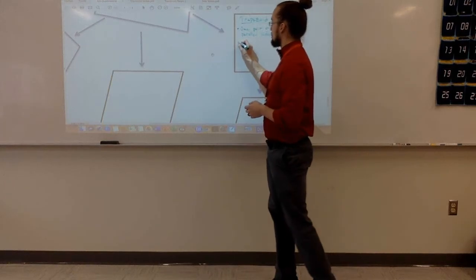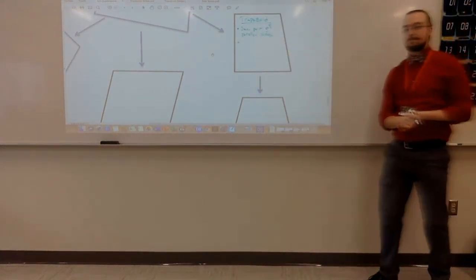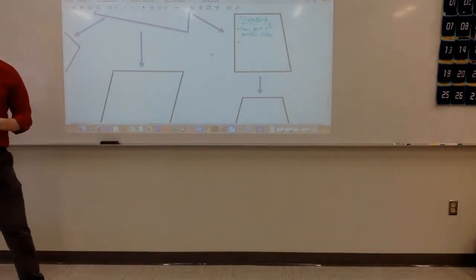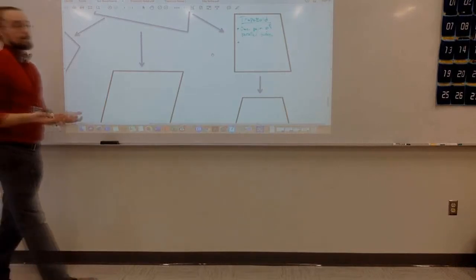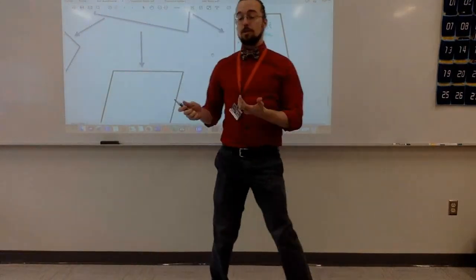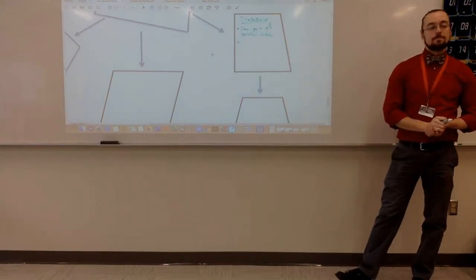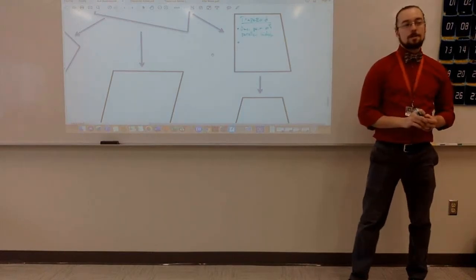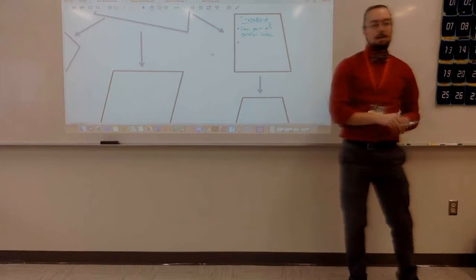We had one other property dealing with the angles that was true of any trapezoid. Do we remember what that one was? Not opposite angles being congruent, and not opposite sides.